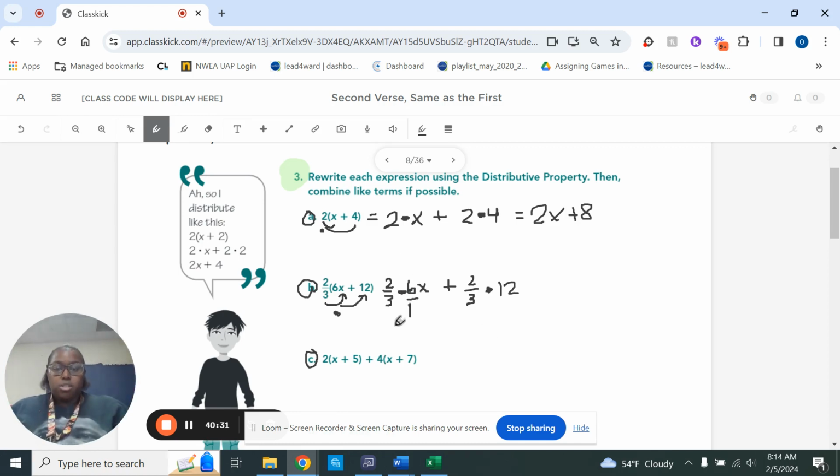That gives me 2 times 6, which is 12, over 3 times 1, which is 3, x. 12 over 3 equals 4. And I keep the variable, so it's still an x. Here, I'm going to turn this into a fraction. So that's 2 times 12, which is 24, over 3 times 1, which is 3. 24 divided by 3 is 8. So plus 8.